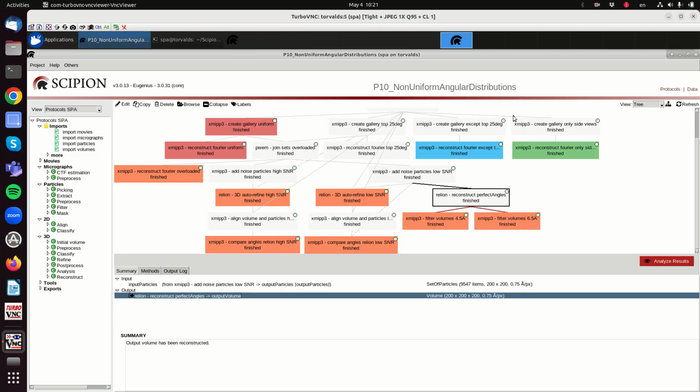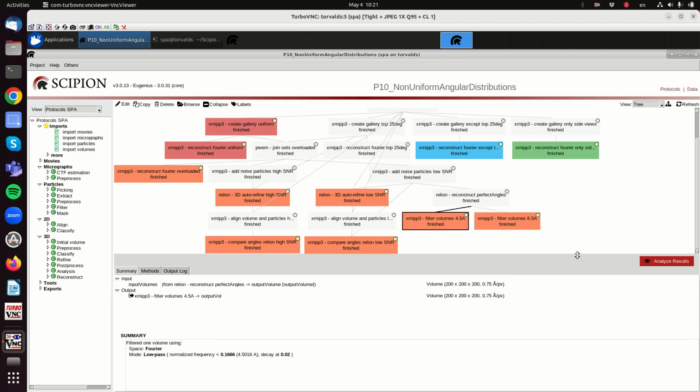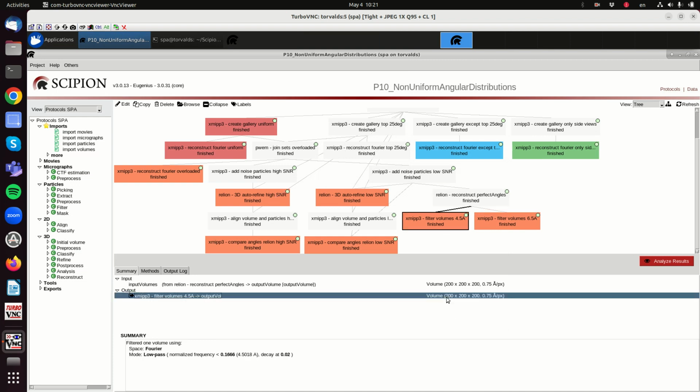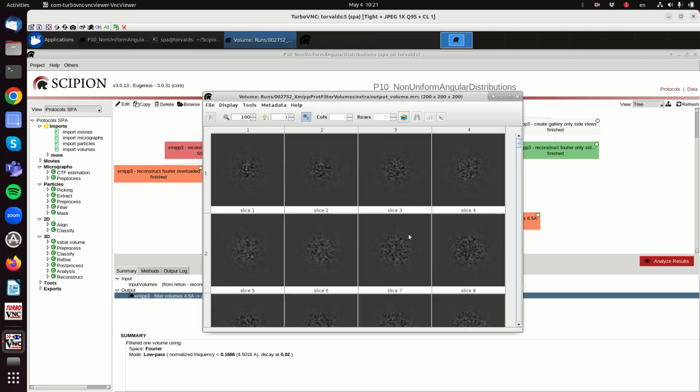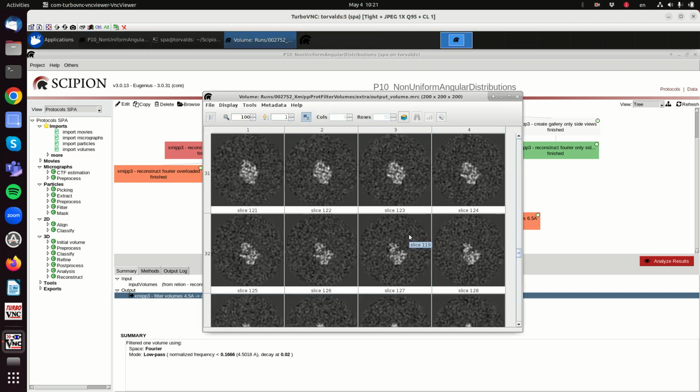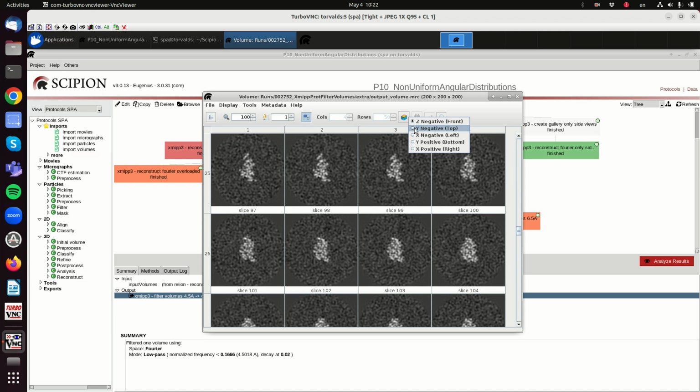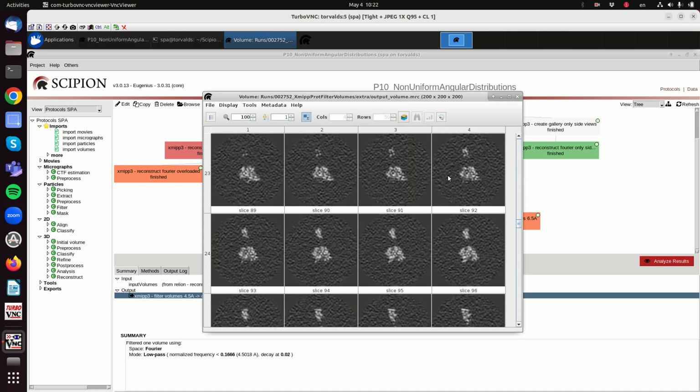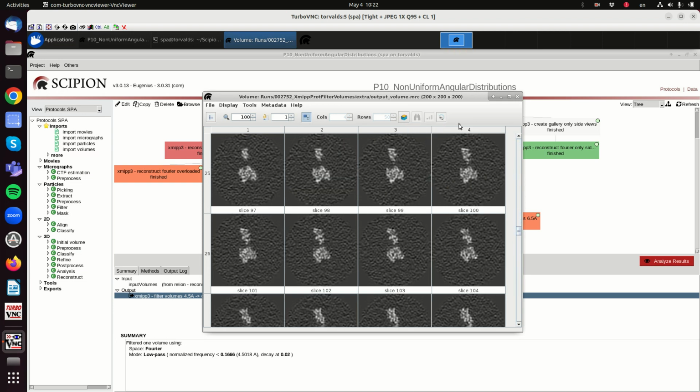But if we filter, for instance, at 4.5 angstroms, we see the structure pretty well, and it doesn't seem to be particularly elongated. We can check that in 3 dimensions.